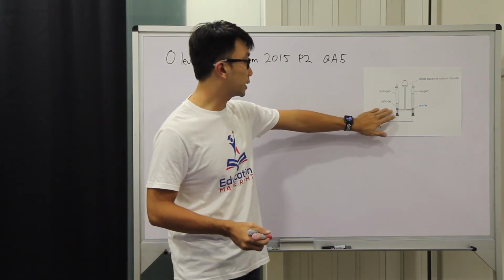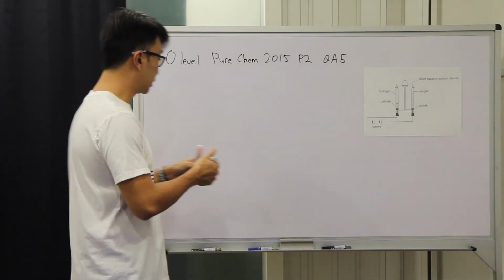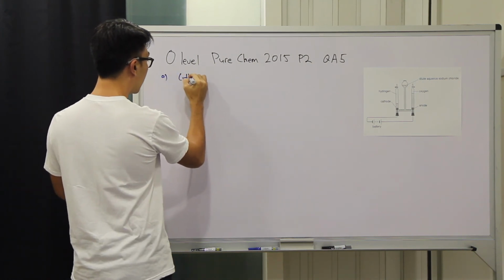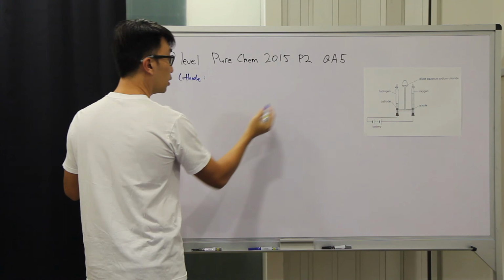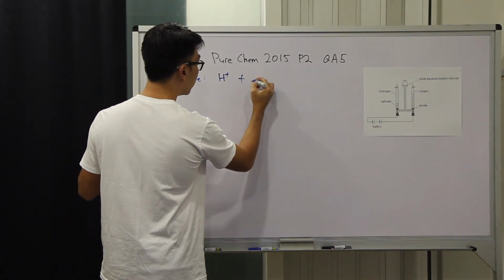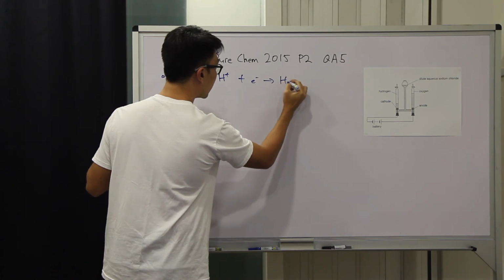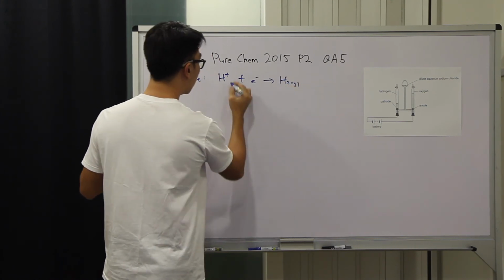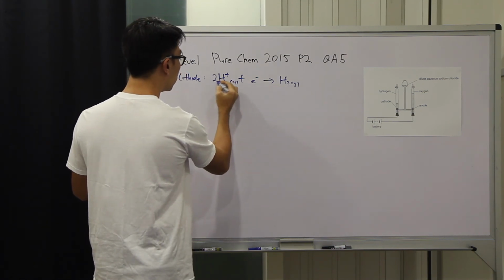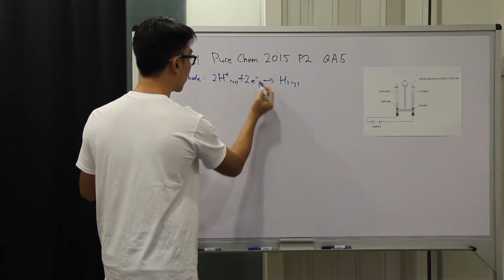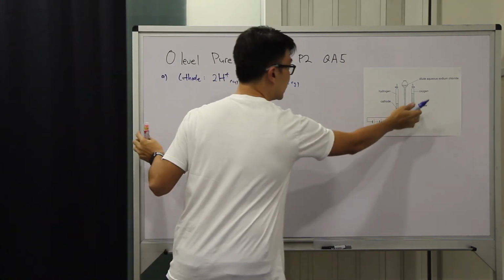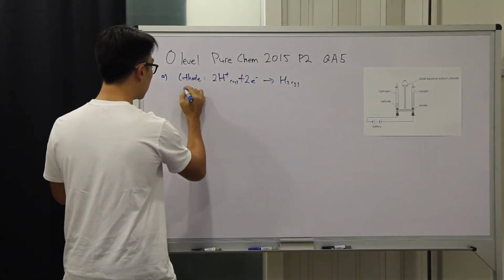So at the cathode, we can see that hydrogen is being produced. So for part A, at the cathode, hydrogen comes from the hydrogen ions reacting with the electrons, giving us our hydrogen gas. This is aqueous, and when we balance this, we'll need 2 of the hydrogen ion and 2 electrons. For the anode, we see that the oxygen is being produced.